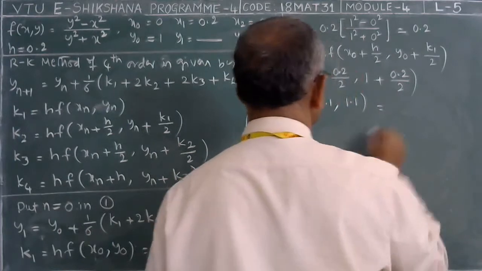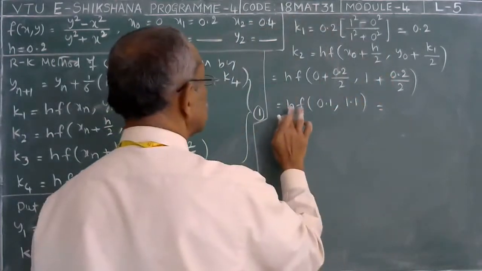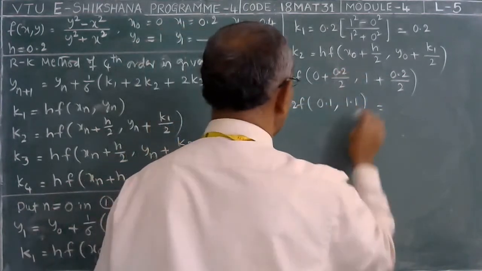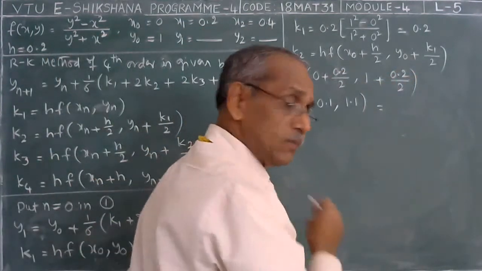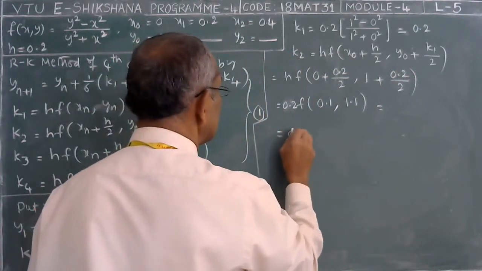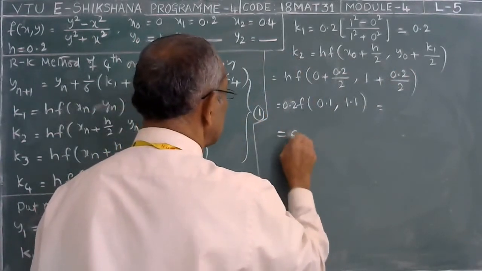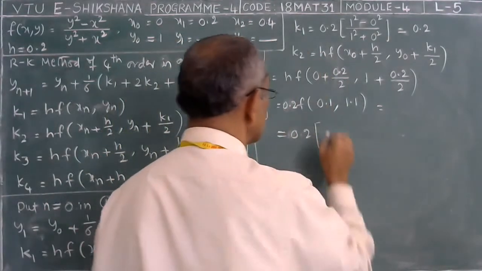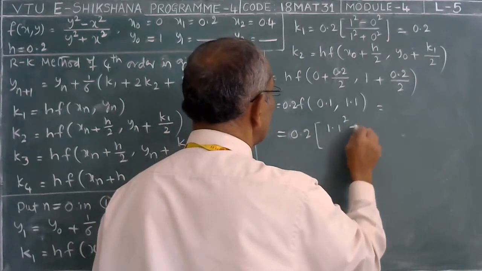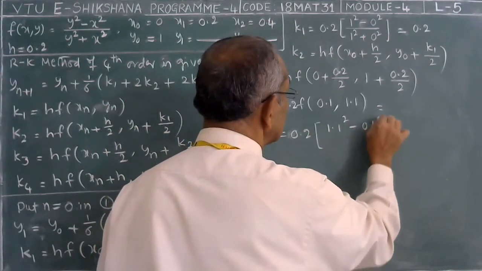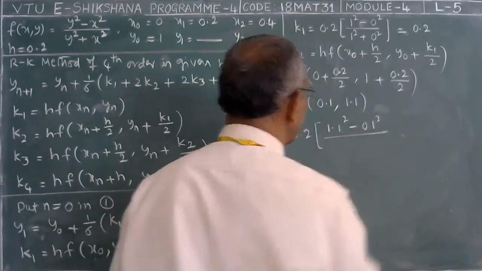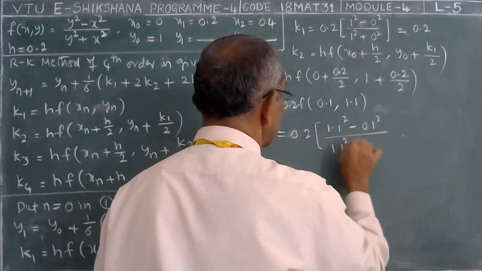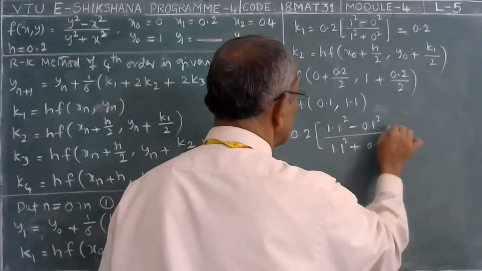By definition, h is 0.2. If you simplify, you get 0.1, comma, 0.1 plus 1, that is 1.1. So by definition, this is 0.2 into (1.1 whole square, that is y square, minus 0.1 whole square) divided by (1.1 whole square plus 0.1 whole square).